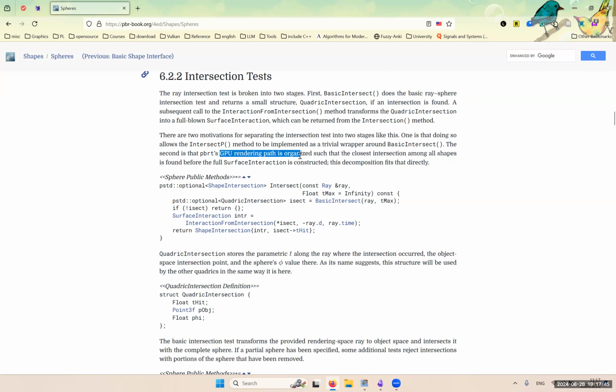PBRT's GPU render path is organized such that the closest intersection among all shapes is found before the full surface interaction is constructed. I guess for the GPU renderer, they can't use this function and need to do something different.